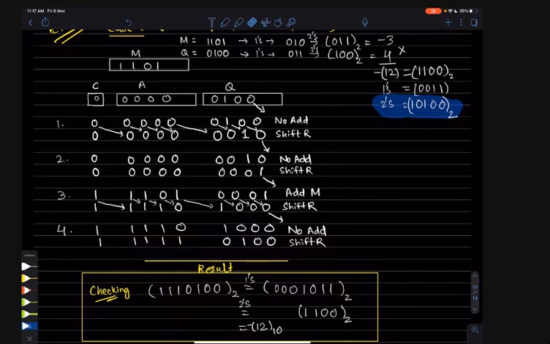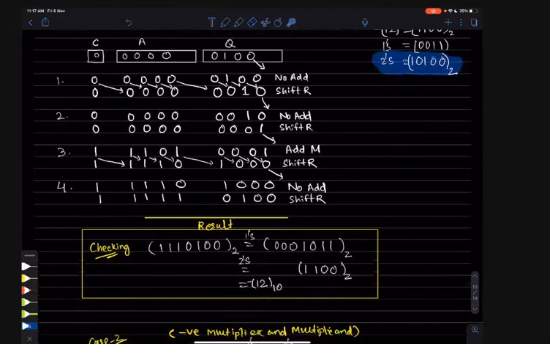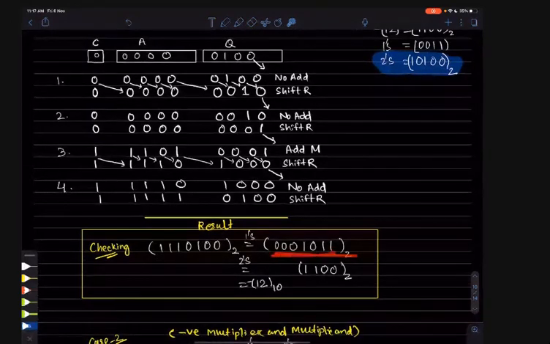Then what we will do, we will just do the 2's complement of this. First we will do the 1's complement. 1's complement means all the bits will be inverted. 0 will be 1, 1 will be 0. This is the result. Then 2's complement is just add plus 1 to it, and the result will be this one.